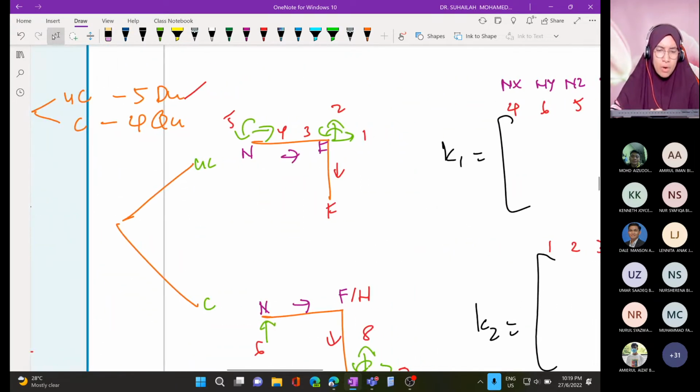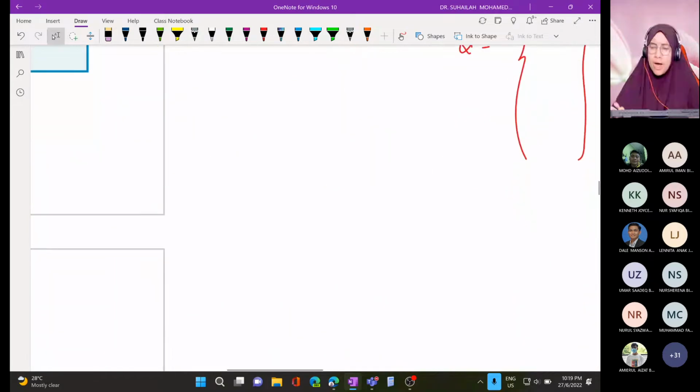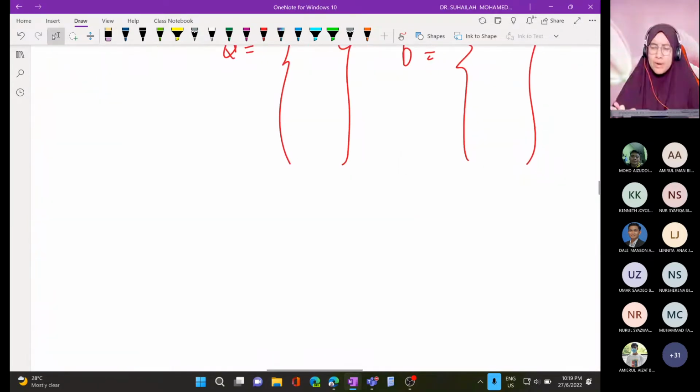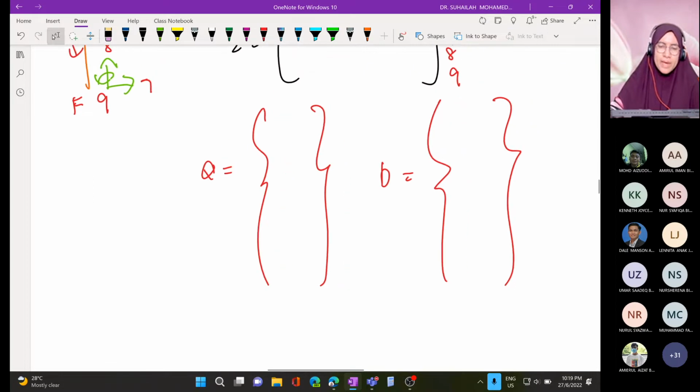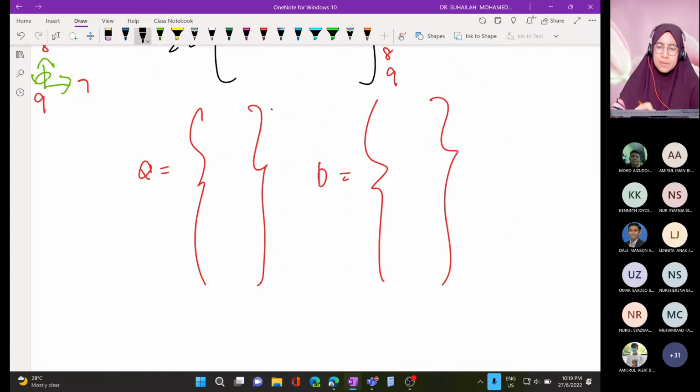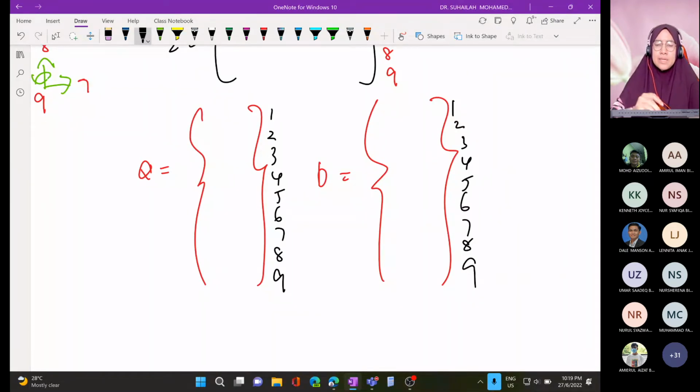Okay, 4 unknown reaction. 4 unknown reaction means 1, 2, 3, 4, 5, 6, 7, 8, 9. Kita punya boundary kat sini 6, 7, 8, 9.